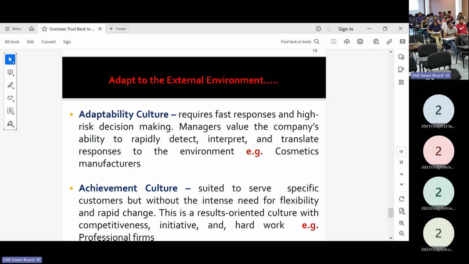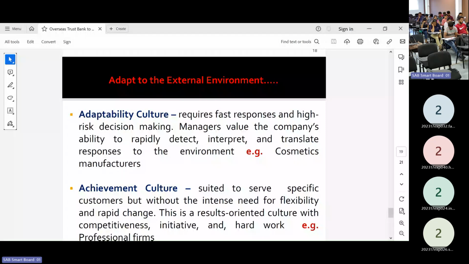Then the achievement culture strategy is suited to serve specific customers without intense need for rapid changes. This is the result-oriented culture strategy, so that's why it is said to be achievement-oriented.